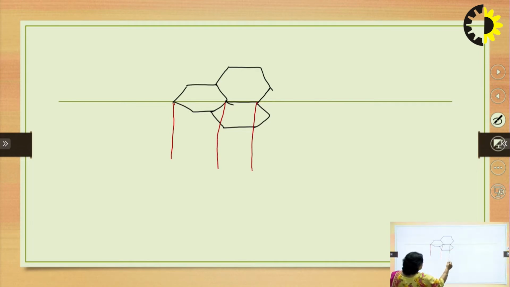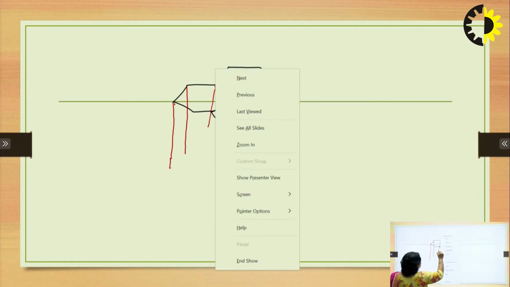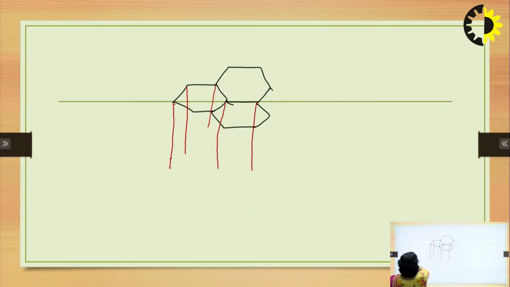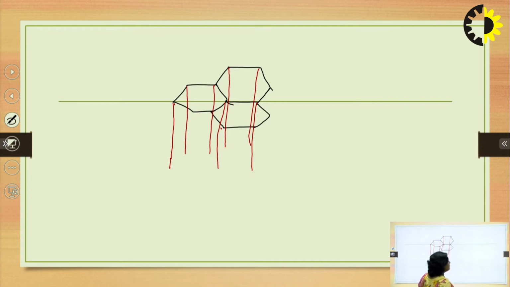These three bonds are of equal length. So these are here and these are the back bonds. These are again back. These are front bonds.